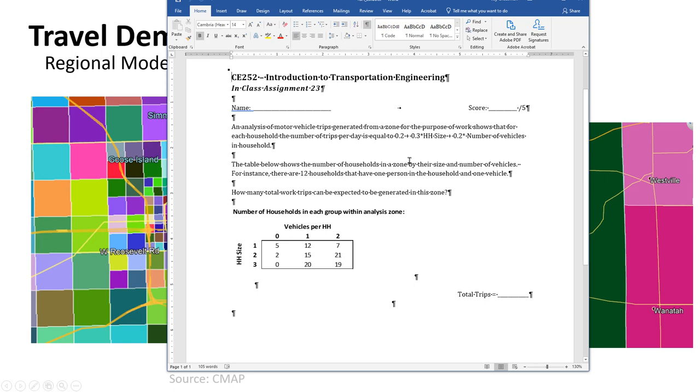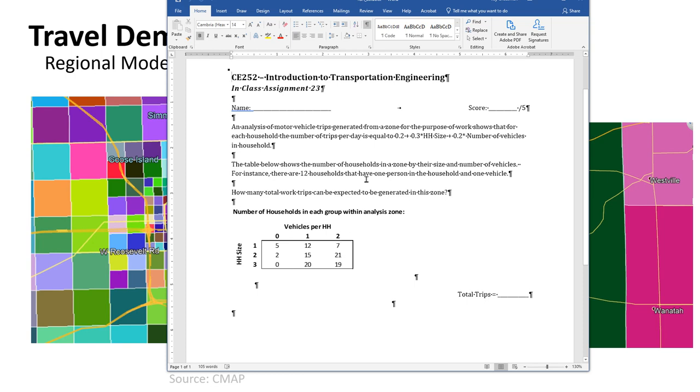Here's your B0, 0.2, then 0.3 times the household size plus 0.2 times the number of vehicles. In this table, if we look at the first point, our household size is 1, the vehicles is 0, and there are 5 households. That's how you read this: there are 5 households with one person living there and no vehicles. There are 12 households with one person and one vehicle. There are 7 households with one person and 2 vehicles.